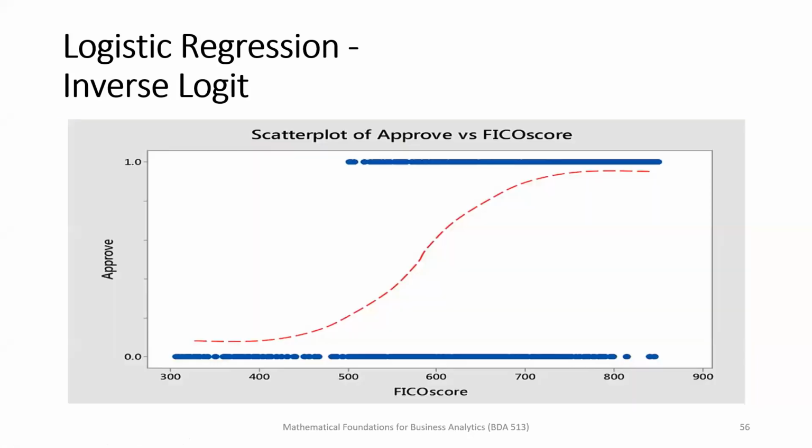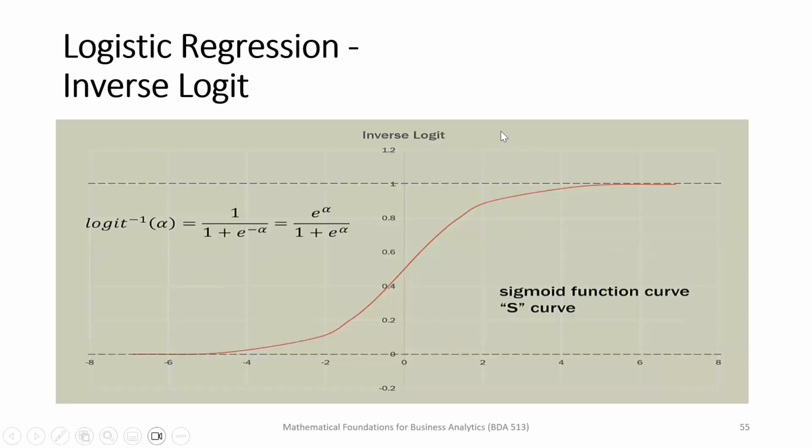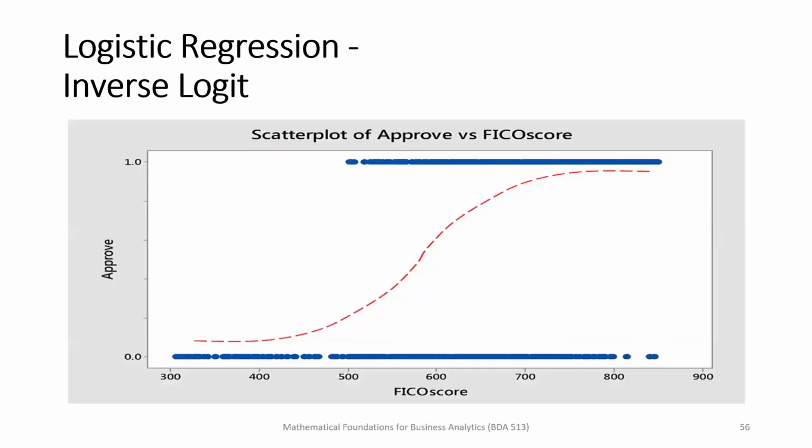Now, based upon the earlier FICO score that we had, using the sigmoid curve and then the logit, we are able to link the approvals and the non-approvals. Remember, they were between 0 and 1. By using Euler, e to the power alpha over 1 plus e to the power alpha, the sigmoid curve has been able to link the approvals with the non-approvals.